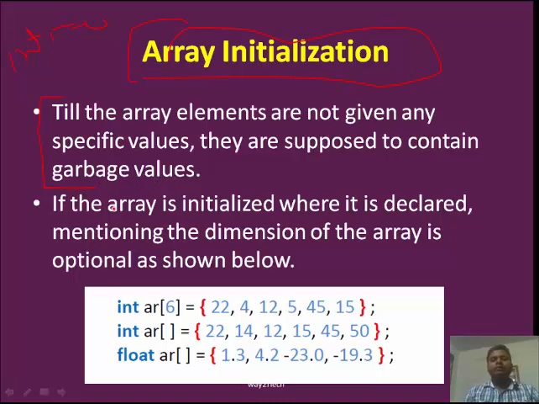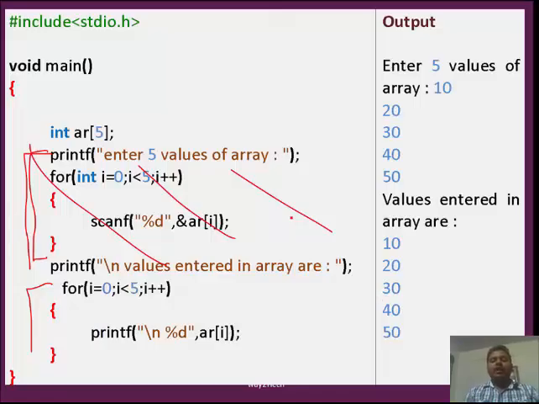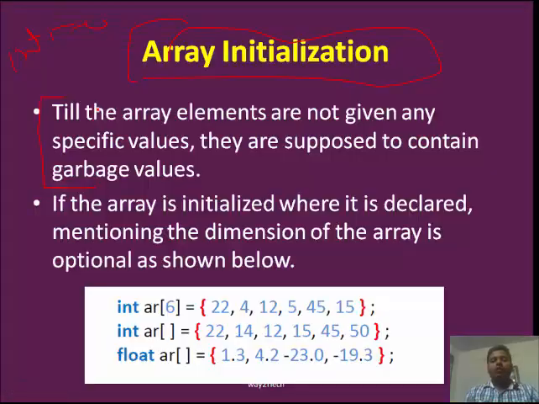If an array is initialized where it is declared, means while declaring only, this is an array declaration. Here only, if you want to give some values, you will use this method, like int AR[6] is equal to, in curly brackets you write values for the array, like 22, 4, 12, 5, 45, 15.